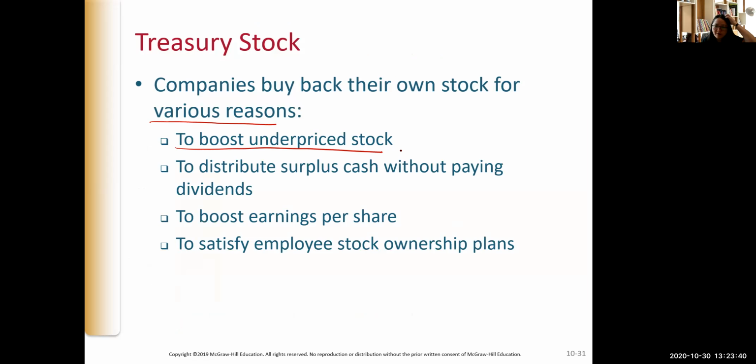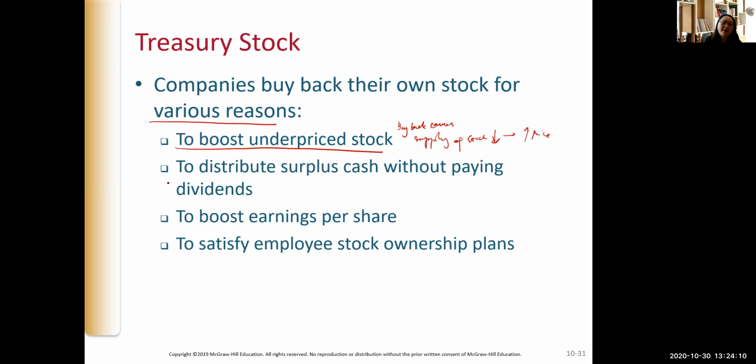For example, if demand is less than the supply of your stock, hence your stock price is really low right now, then you can stimulate demand by buying back some, so the supply of the stock decreases. So buyback will cause the supply of stock to decrease, hence boosting the price.